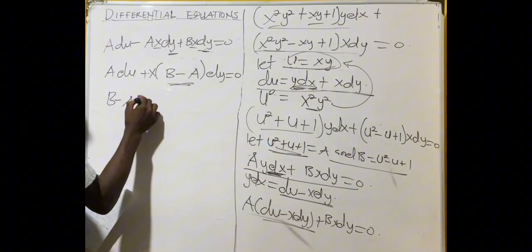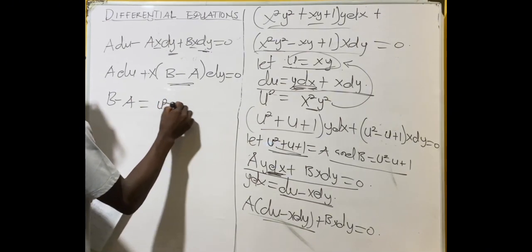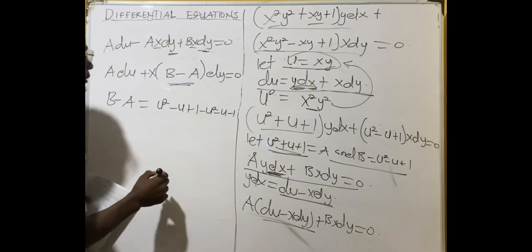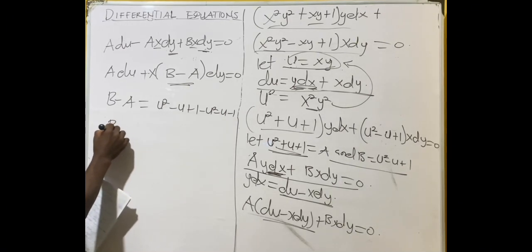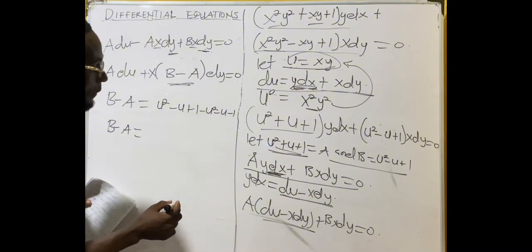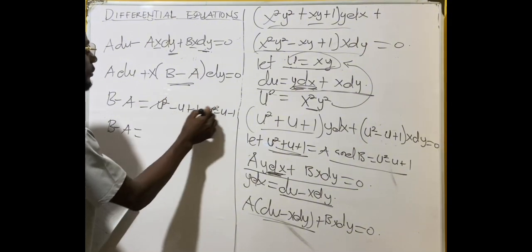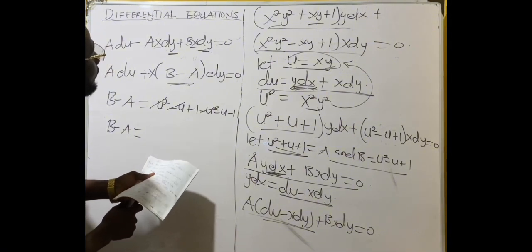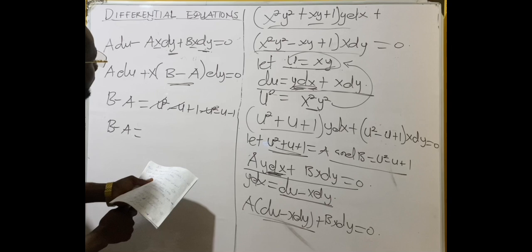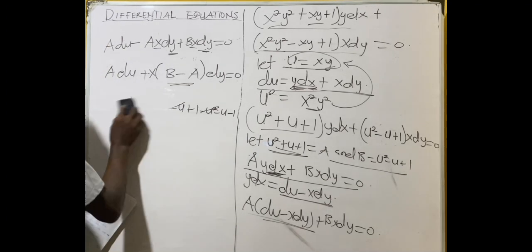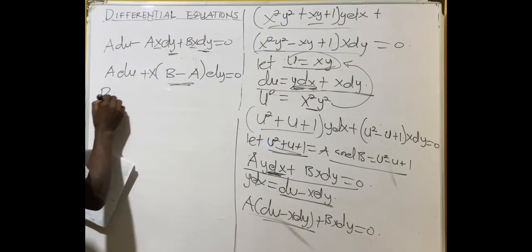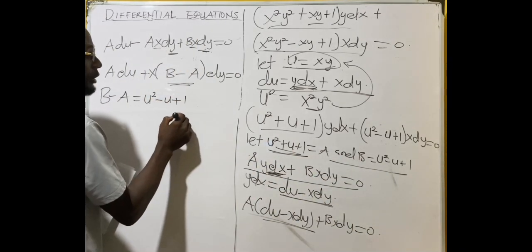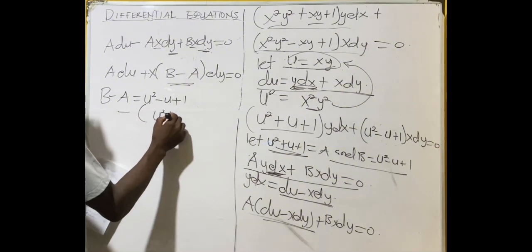So b minus a will be equal to u squared minus u plus 1, minus a, which is u squared plus u plus 1, right?